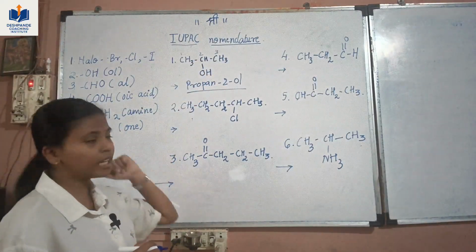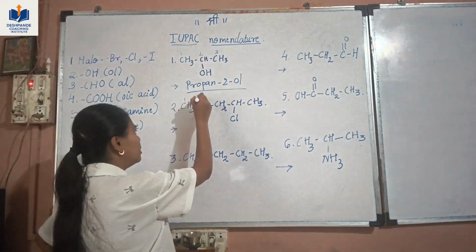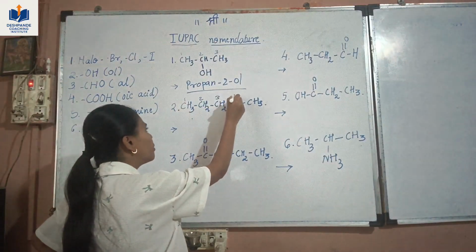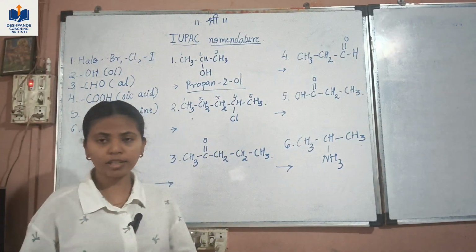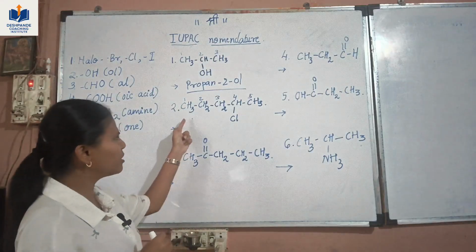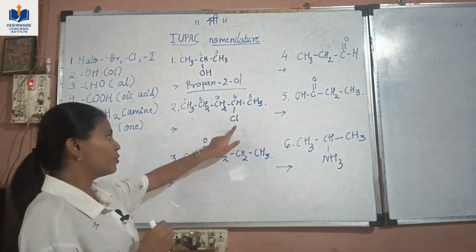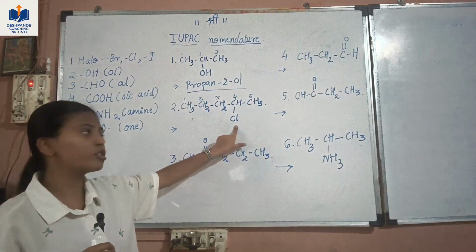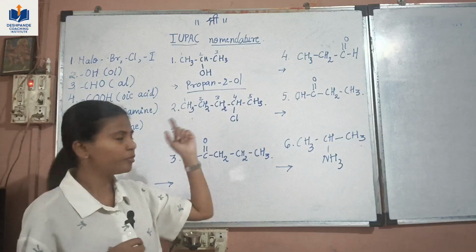So let's go to the second one. First of all, count the number of carbon atoms: 1, 2, 3, 4, 5. So for 5 carbon atoms, what is the name of the alkane member? Pentane. Now we have to see what is additional in this chain except the carbon and hydrogen. We see here one halogen, which is chlorine, and chlorine is attached to the 4th carbon.